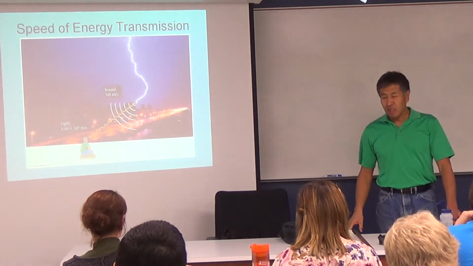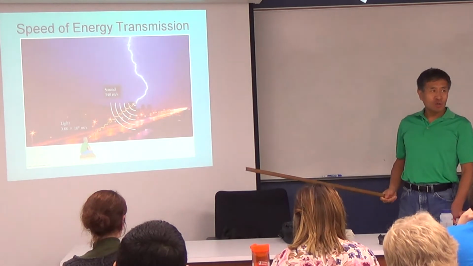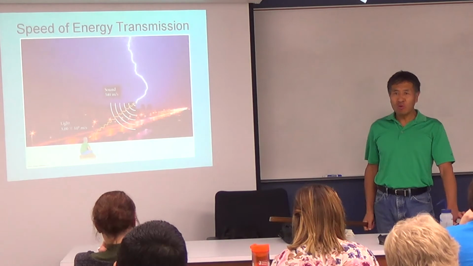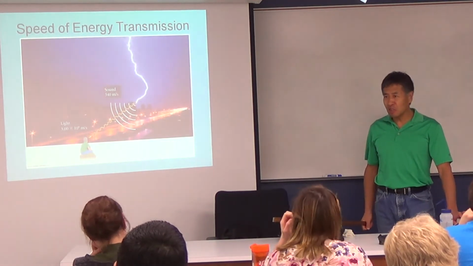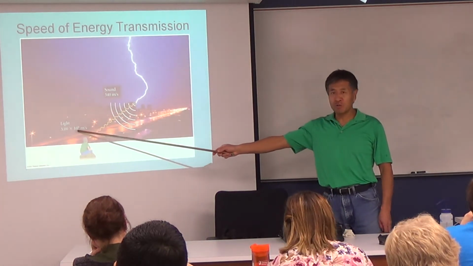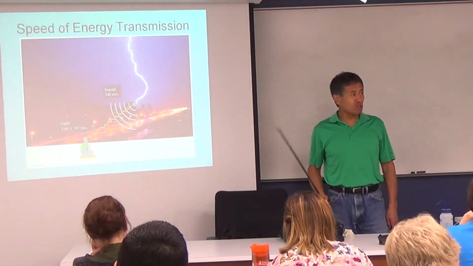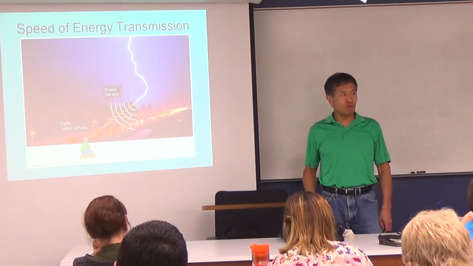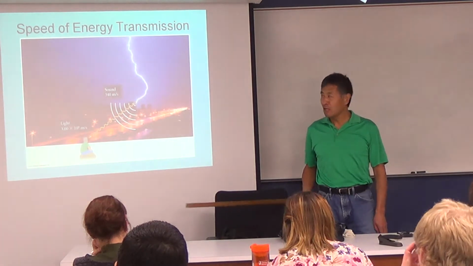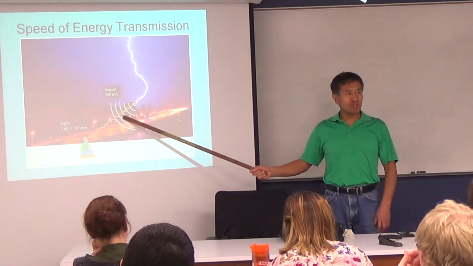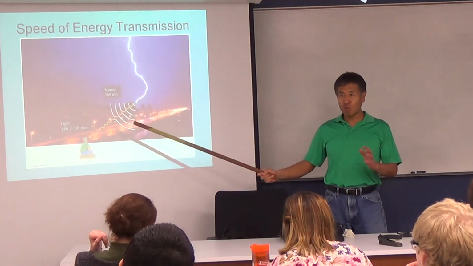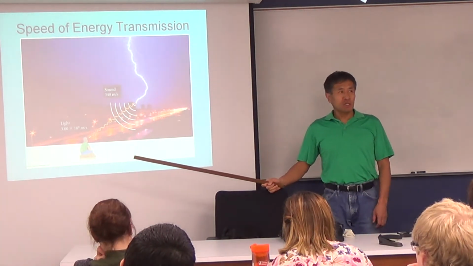So then you can compare this speed with the speed of other waves. The wave we talk about, with 3 times 10 to the power 8 meters per second, is electromagnetic radiation, and it travels the fastest. Compare that with some other waves, for example sound waves and water waves.